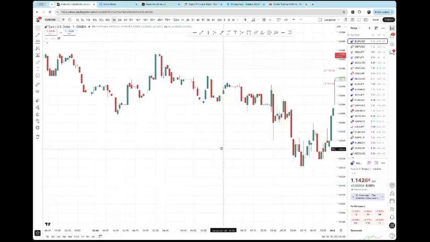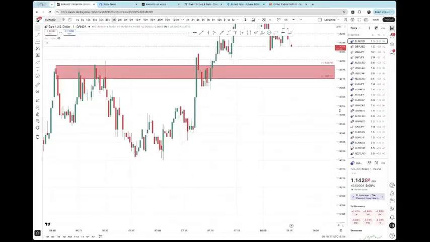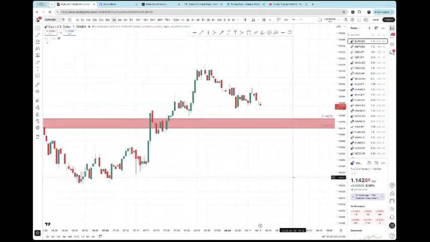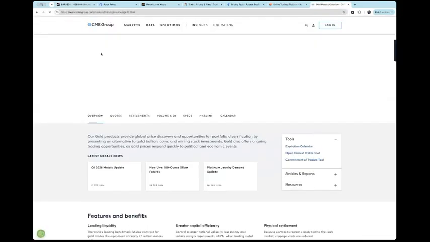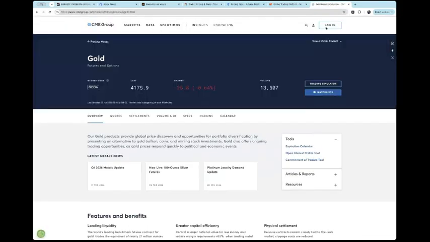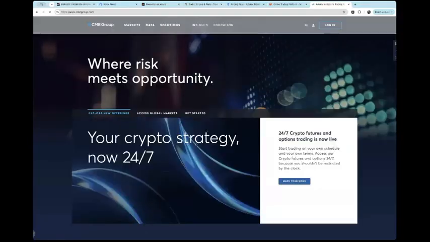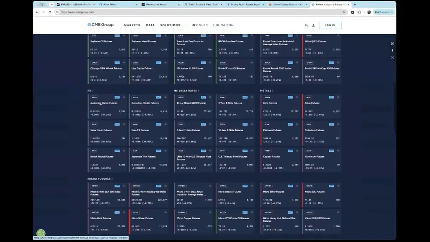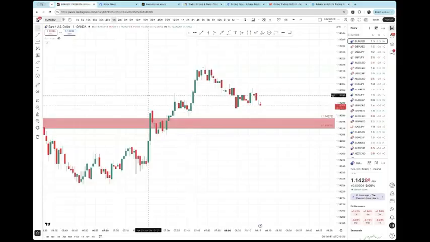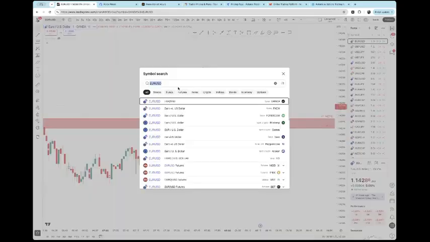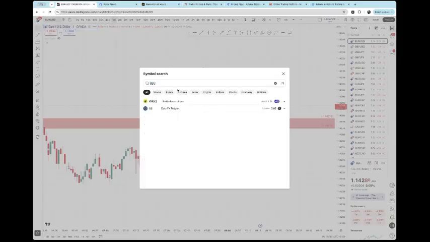For example, if this is a chart of Euro USD right now, Euro USD according to the CME chart, if we move on to CME Group, this is the European Euro FX future, 6E.